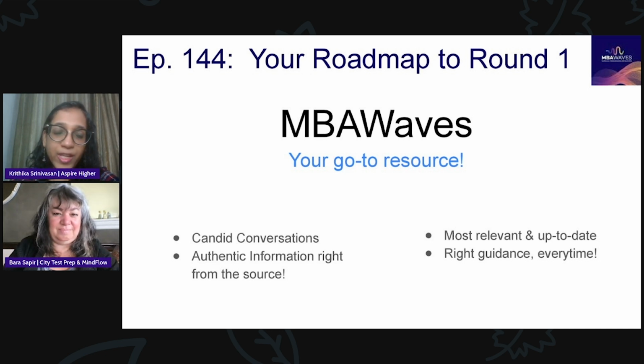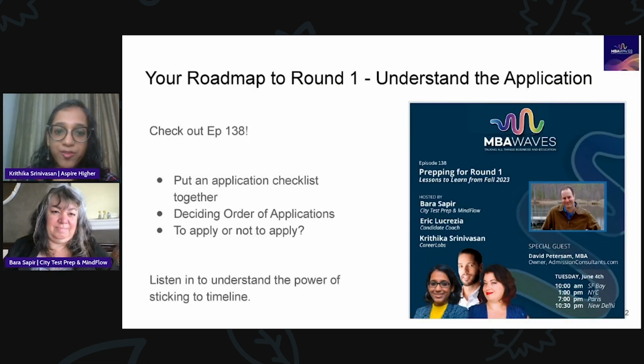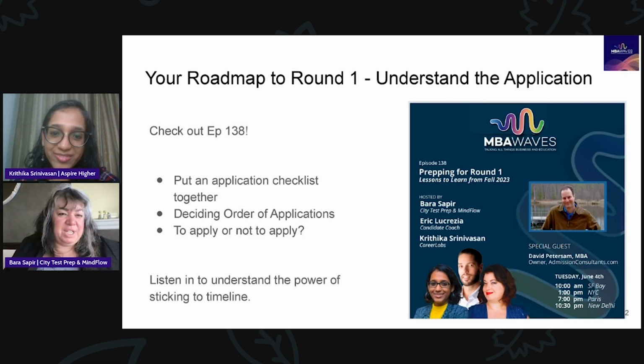Moving on to the next one, what do you think are some of the points that you remember from the talk with David? Well, with David, we talked about putting together an application checklist. And I'd even pull further back and say, what does your life look like at that moment in time, right? What are the obligations that you have? Things don't stop happening because you're applying to school, right?